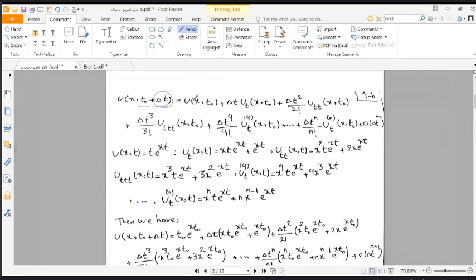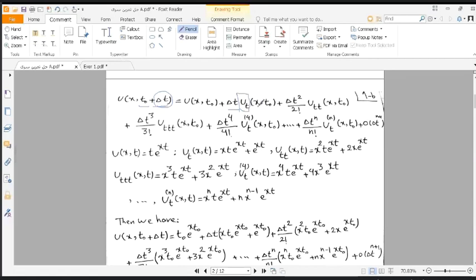Based on Taylor's theorem, we have u of x and t0 plus delta t equals u of x and t0 plus delta t times u with respect to t, not with respect to x, because at this part x is constant and t is variable. u with respect to t of x and t0, not x0.